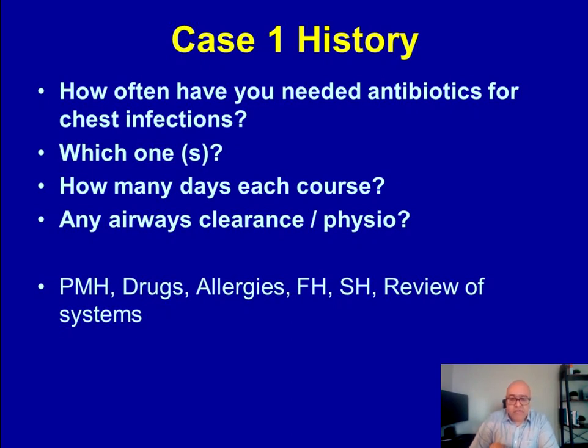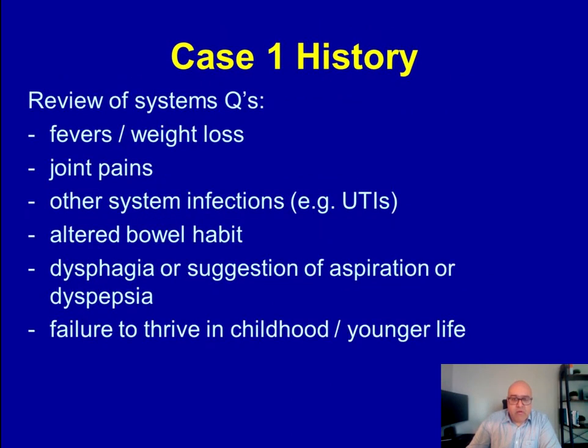And then, of course, to finish off, the usual rest of history, we want to think about past medical history, drugs, etc. Thinking specifically about review of systems, there are a few questions which can certainly give us clues as to what may be the underlying cause of bronchiectasis, and it's definitely worth asking all of our patients specifically about fevers, weight loss, joint pains, other system infections such as urinary tract infections, altered bowel habit, dysphagia, or any features of aspiration or dyspepsia.